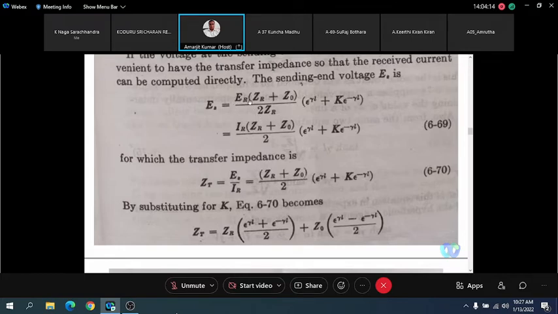So ES upon IR will be equal to (ZR plus Z naught) divided by 2 into (e to the power gamma L plus K into e to the power minus gamma L), where K is equal to (ZR minus Z naught) divided by (ZR plus Z naught).